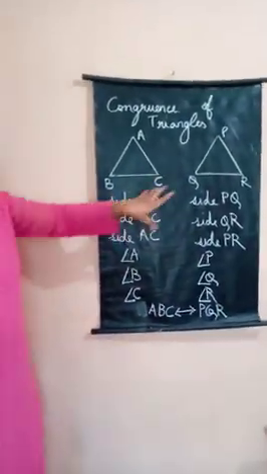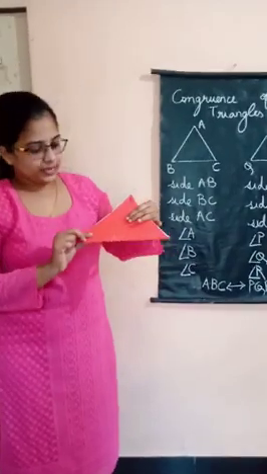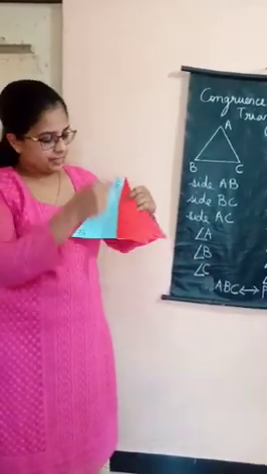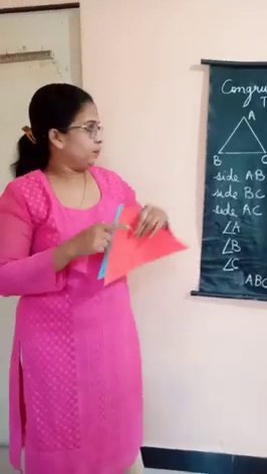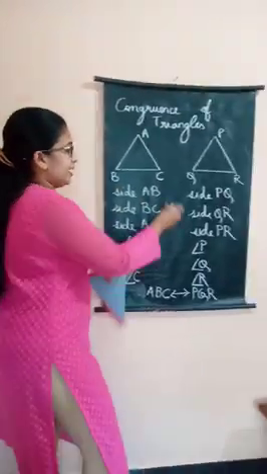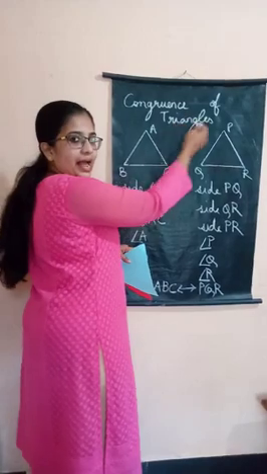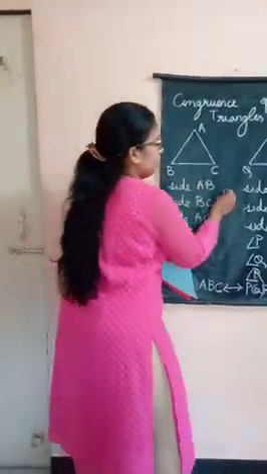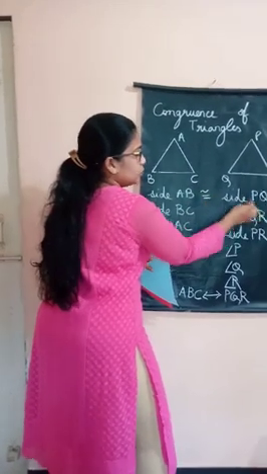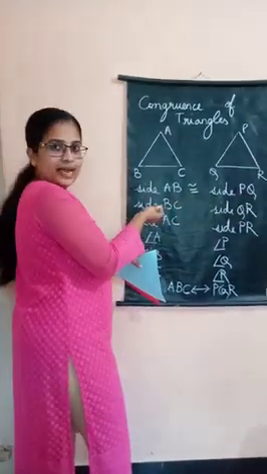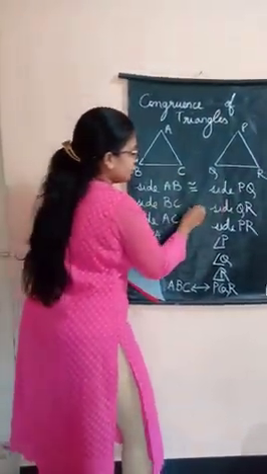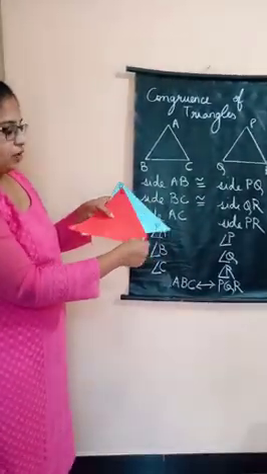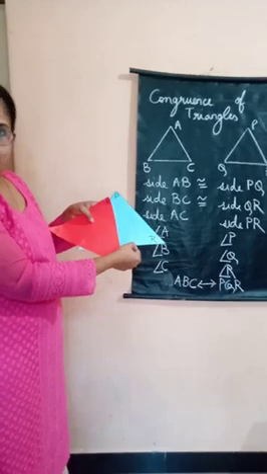And if these two triangles are congruent, you can see that side AB has the corresponding side PQ. Therefore, if triangle ABC and triangle PQR are congruent, then side AB would be congruent to side PQ, side BC would be congruent to side QR, and the third side AC would be congruent to the side PR.